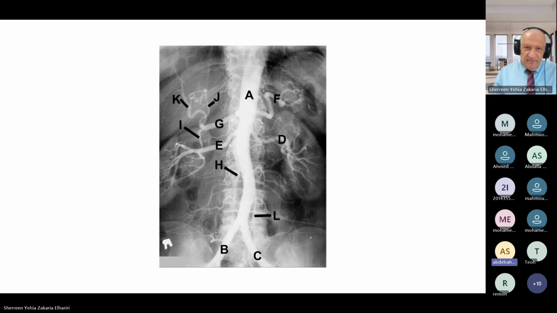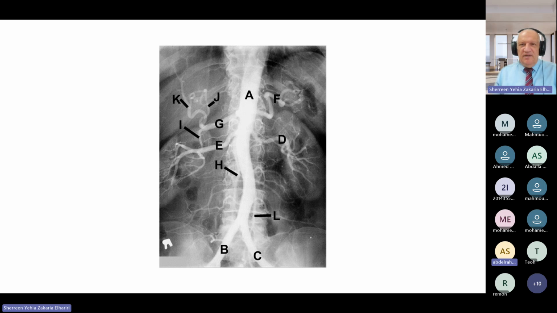E, right renal artery. G, this is the common hepatic. H, it is the SMA, superior mesenteric artery. I, inferior mesenteric artery. Okay.